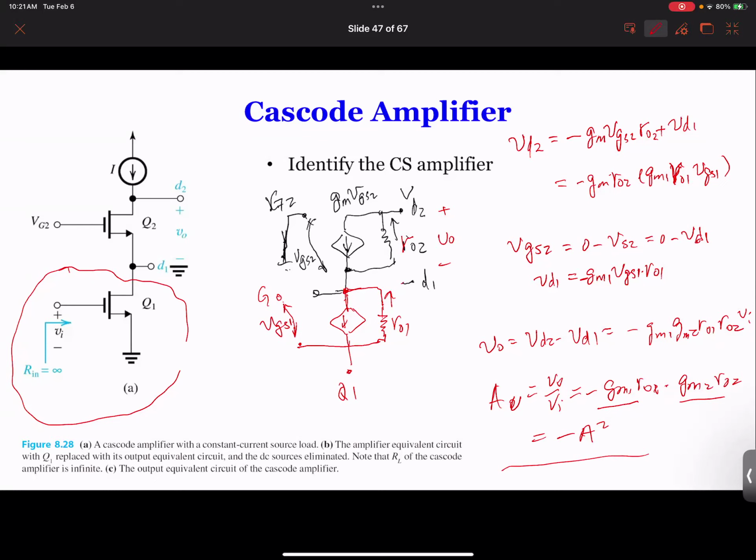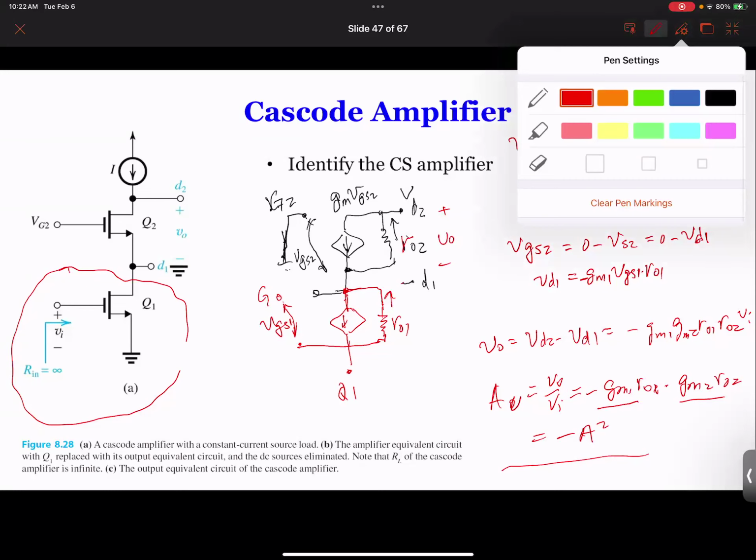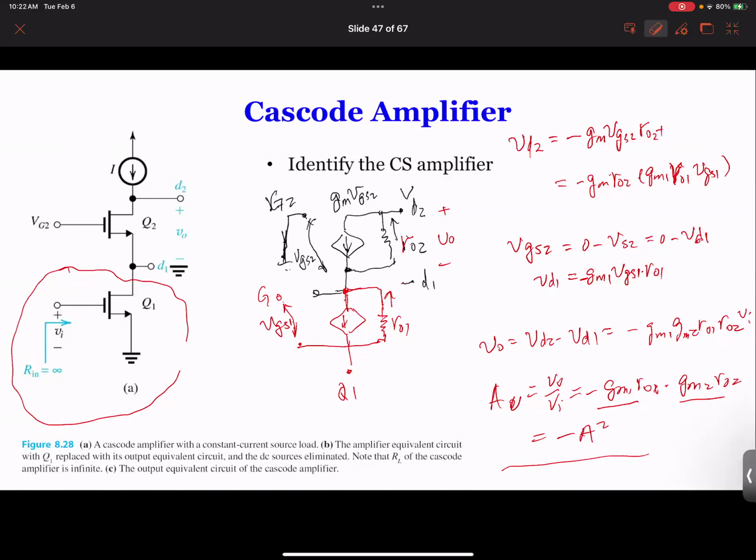Now, what I think was a mistake I made a little earlier was that VD2 is relative to ground. It's not. See here, V is relative to ground. So that's important. Let me do it this way.